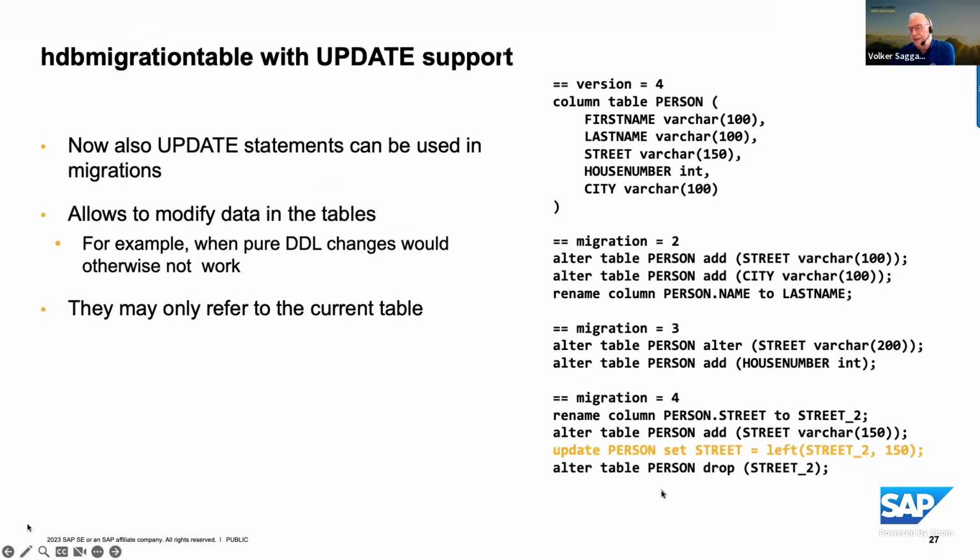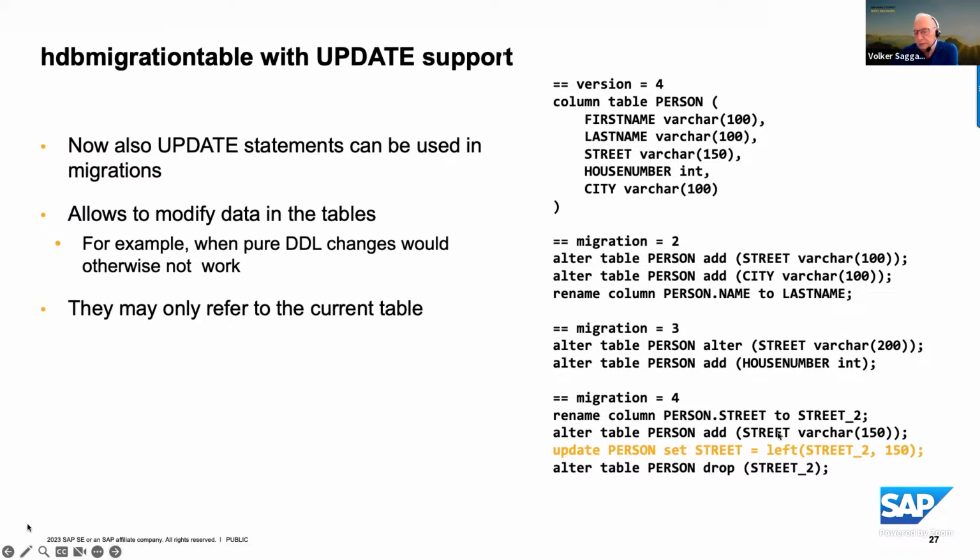Now, you want to go further and shrink down your character length here. So what you can do now is change things. You insert a migration for a new street.